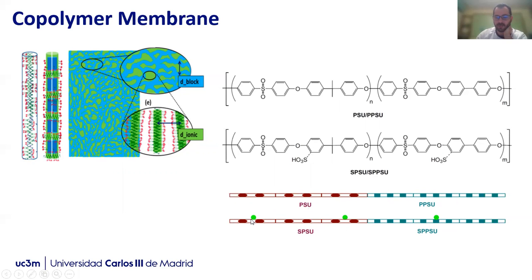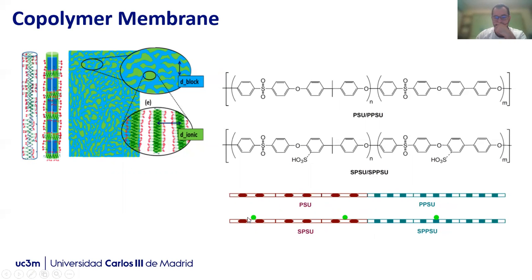Preferentially, this block is going to be responsible for the water uptake and the proton conduction through the ionic channels, and the hydrophobic one is going to give the membrane the mechanical properties.